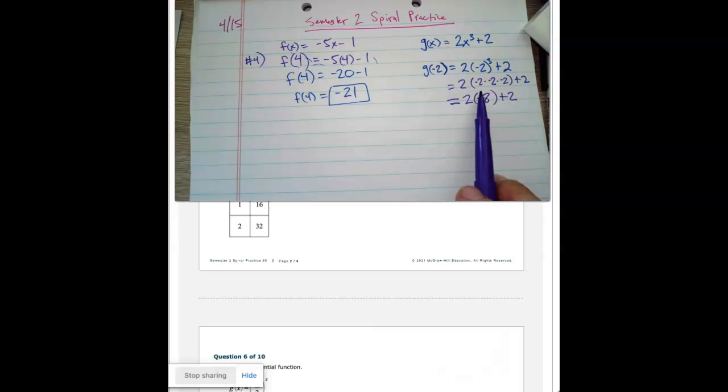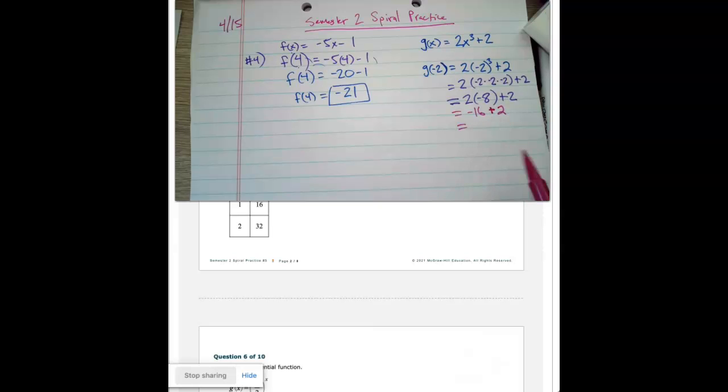Again, negative 2 times negative 2 is 4, times negative 2 again is negative 8. And now we're going to multiply 2 times negative 8 to get negative 16. And then negative 16 plus 2 is, that's subtraction, because one value is negative and one value is positive.